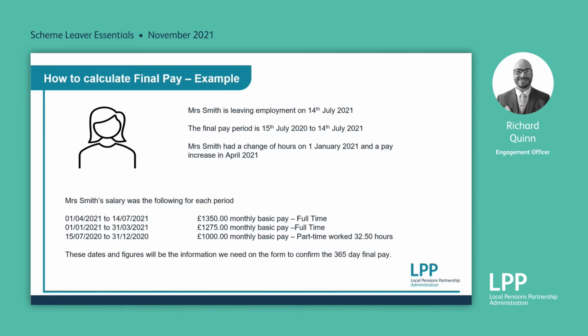From the 15th of July 2020 to the 31st of December 2020, Mrs. Smith was receiving £1,000 monthly basic pay and was also working part-time, working 32.50 hours. These dates and figures will be the information we need on the form to confirm the 365-day final pay period.